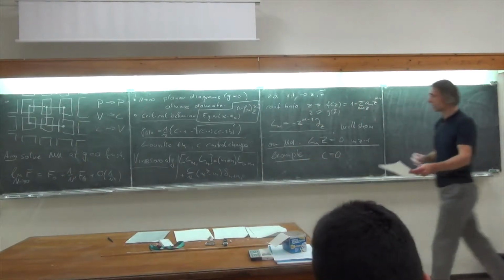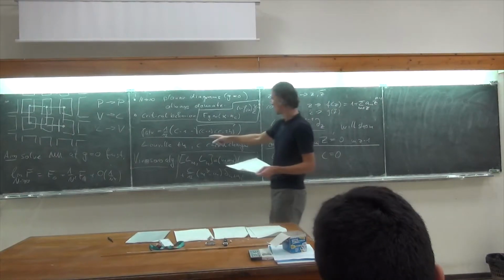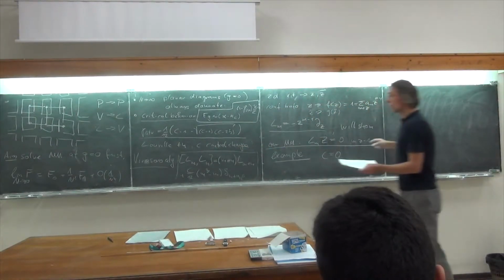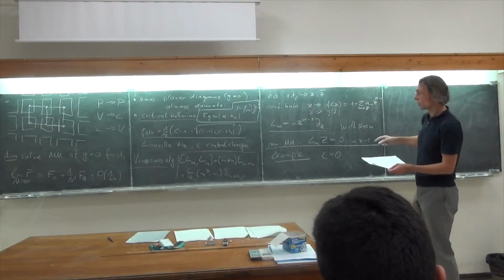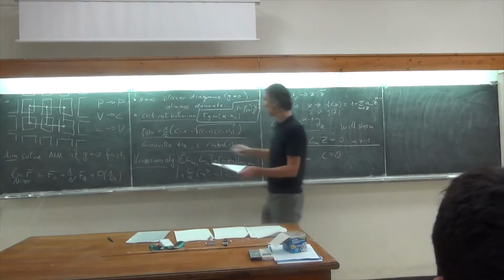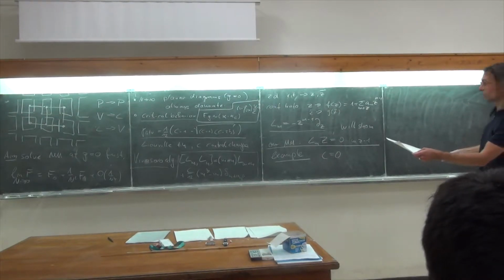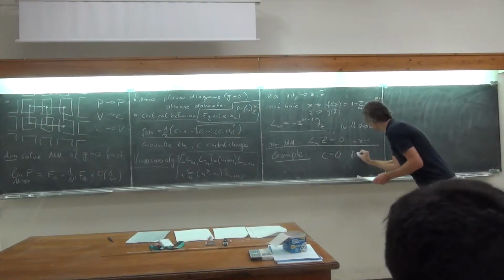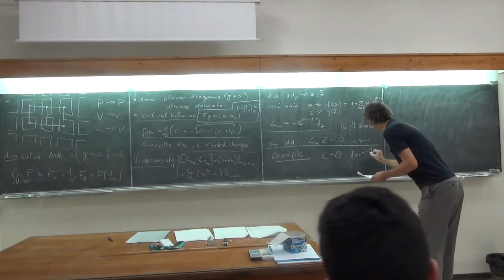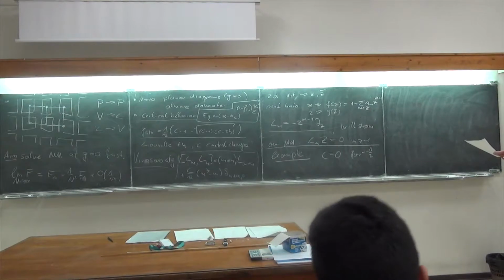So for c equal to 0, if you put that in here, you get the square root of 25, that's 5, so you get minus 6 over 12, so that is minus a half. And that is called pure gravity.